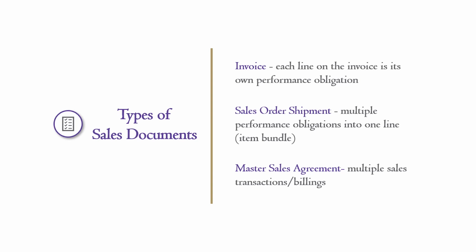And then it can get a little bit more complex, where maybe you have a sales order shipment, where it's the timing of those shipments, there's multiple shipments, and it's possible that the shipments have bundles where you combine multiple performance obligations into one line for the customer. So it might be a full implementation is billed for a fixed fee, and on the invoice to that customer, it's one line.